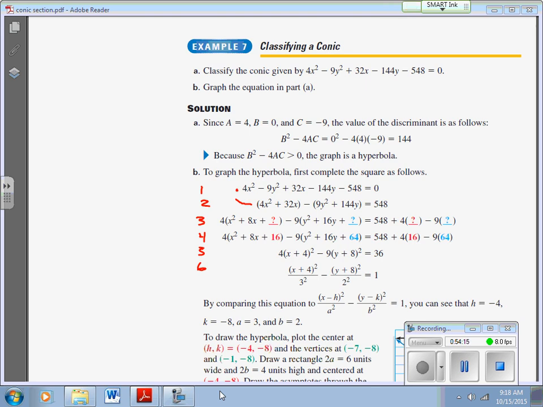Can anybody describe to me in words what you notice from 1 to 2, DeAndre? They use grouping to group the x's together and the y's together, and to move the 548 to the other side by adding it. Okay, perfect.